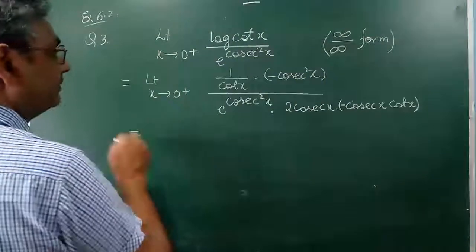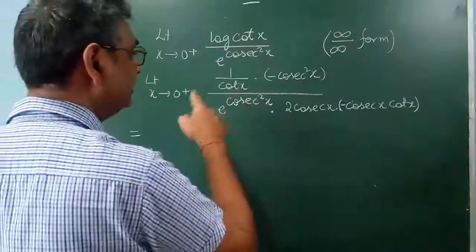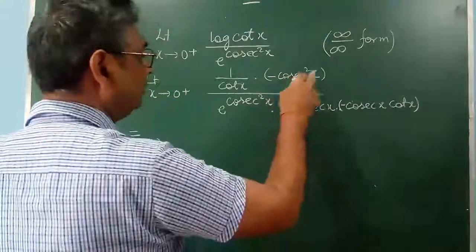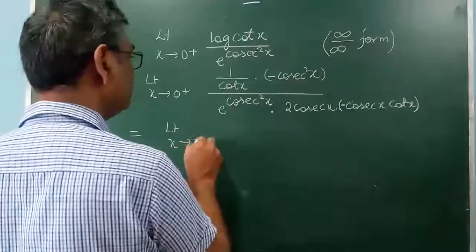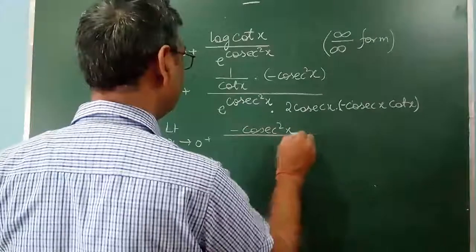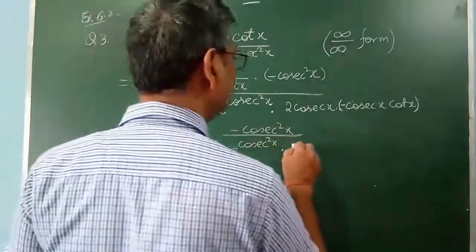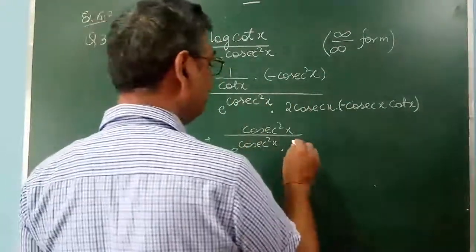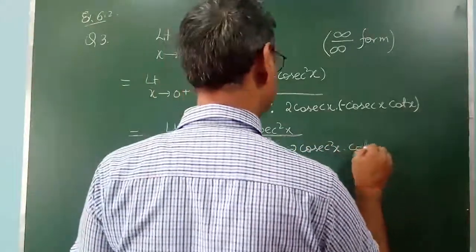Now what are we having? If we see here, we can write limit x tending to 0 plus minus cosec square x upon e to power cosec square x into, or this minus and this minus will be getting cancelled. So we can write 2 cosec square x into cot x.